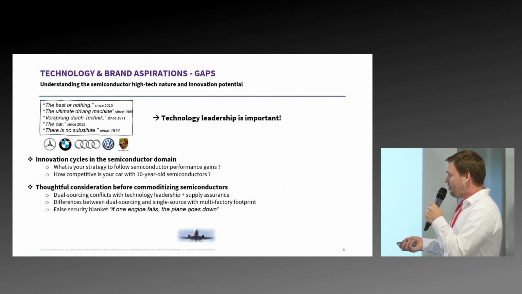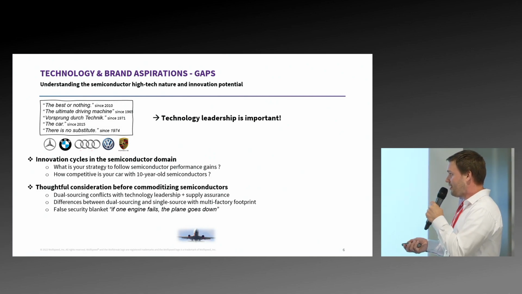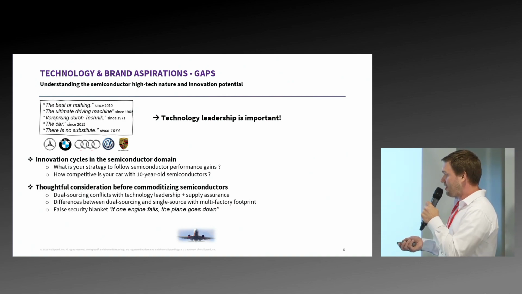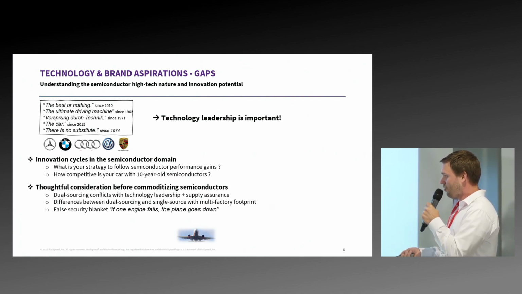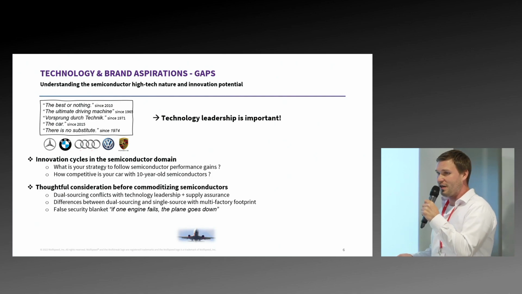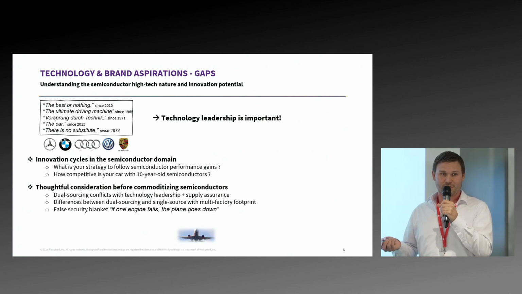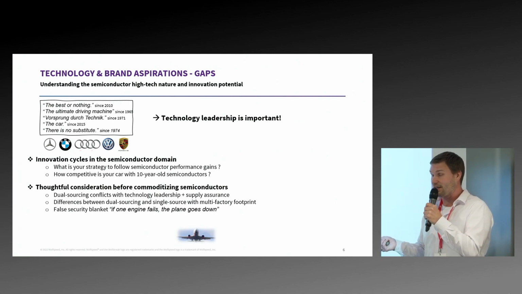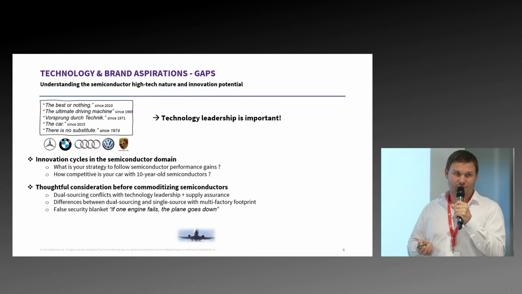Yeah, so you limit yourself in the technology because you have to use multi-sourcing, and you have to design the system according to the weakest link. And it's actually also not that true that you are safe with multi-sourcing, because if you rely on only 2 suppliers, if one engine fails, the plane will fall, which means only 2 suppliers cannot actually cope with the entire demand from the market.